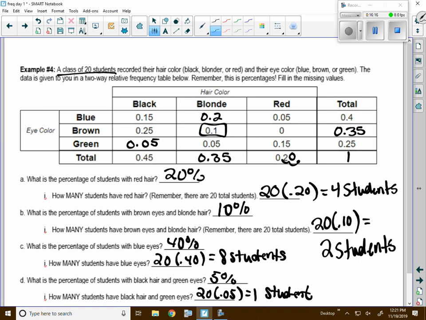All right, so part C should be 40%, which is 8 students. D should be 5%, which is 1 student. We okay on that? Yeah? Issues? Okay, we're going to keep trucking.